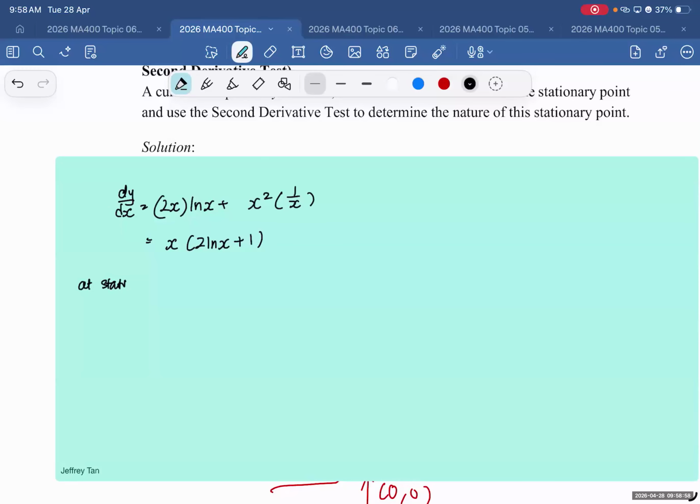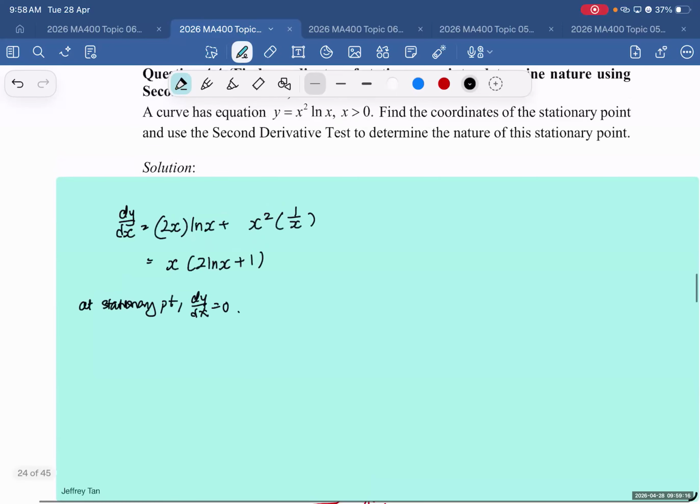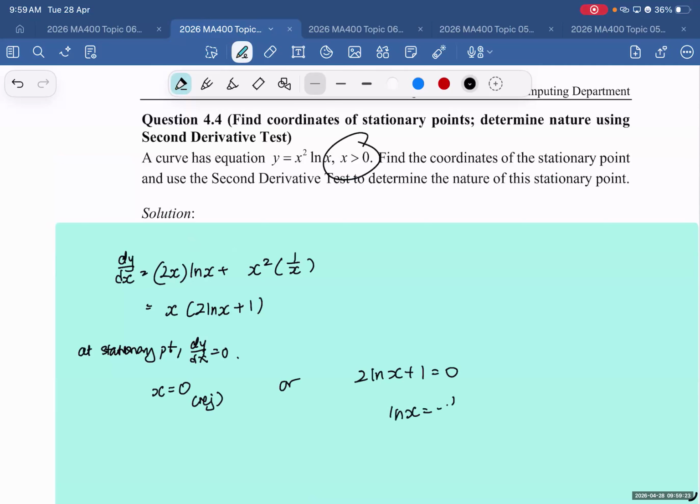So you know that in the question, they already said that x cannot be 0. Either x equals 0, rejected, or 2 ln x plus 1 equals 0, which means that ln x equals negative half. So from here, x equals e to the power negative half. So you will know that this is the turning point.